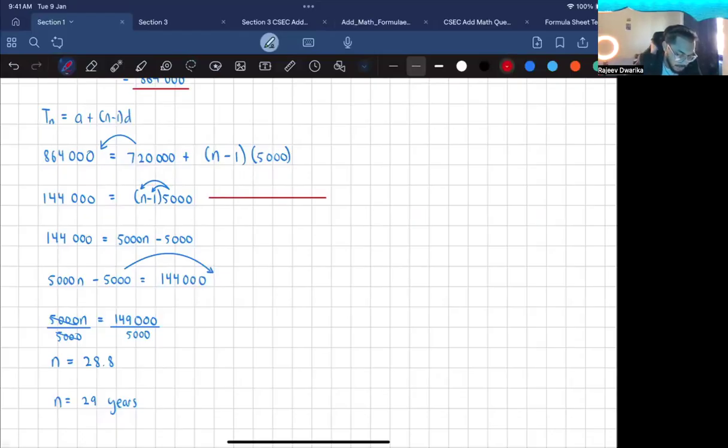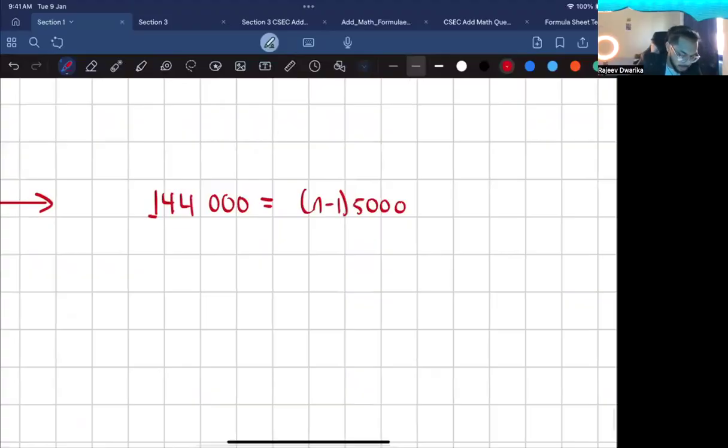When you reach this point, another thing you could do is, say that I have 144,000, and that will be equal to n minus 1 times 5,000. And so Aliyah, if I divide both sides by 5,000, let me see what can happen. Check this out. The 5,000 will cancel off with this. And so tell me what you write in the next line.